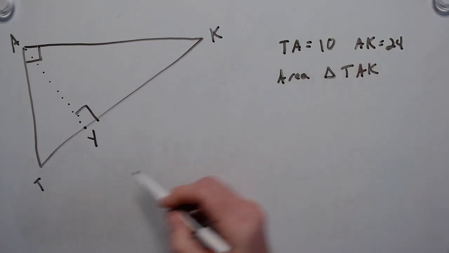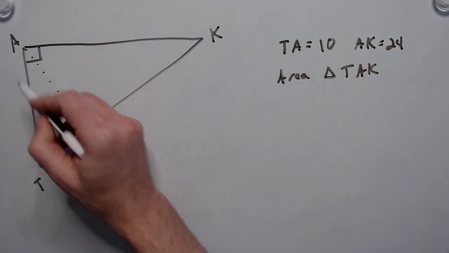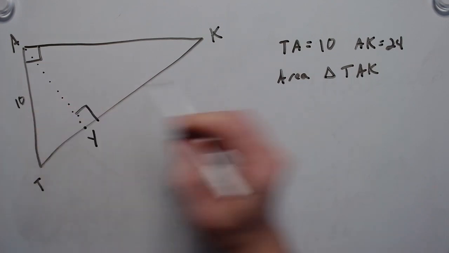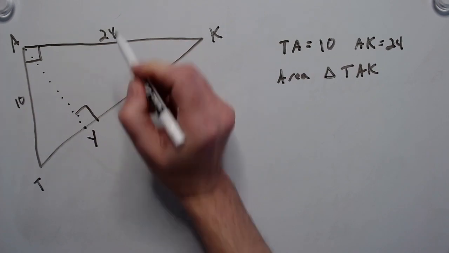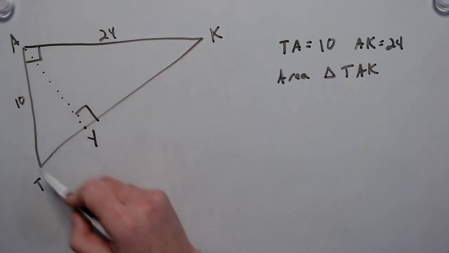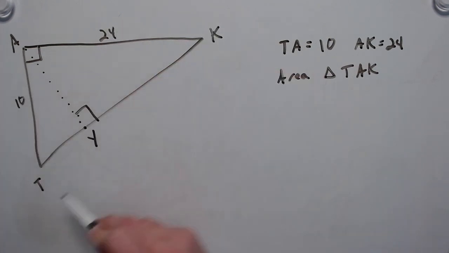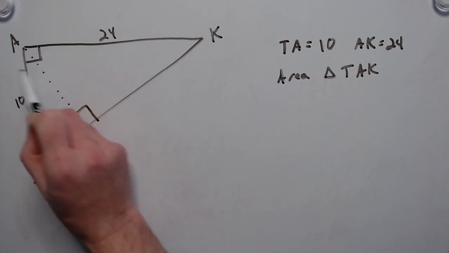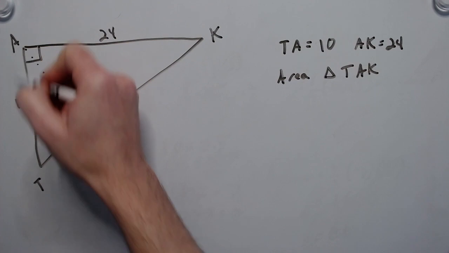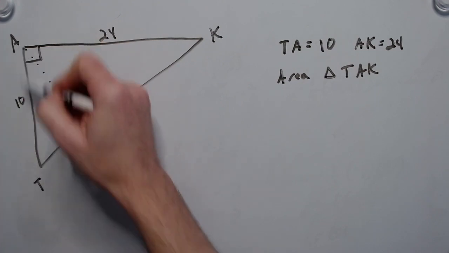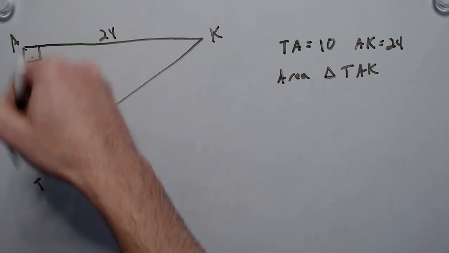So TA is 10, let's write that down, and AK is 24. What is the area of TAK, the larger triangle here? Because we have a right triangle, we have a base and the perpendicular height. It's still considered the height, even though it's going down, not up.